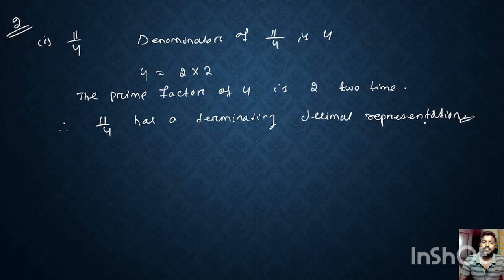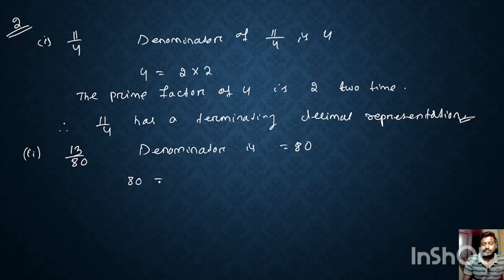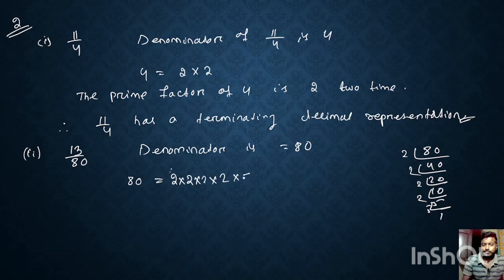Okay. Now 2i, that is 13 divided by 80. So here the denominator is 80, yes or no? First we find the prime factors of 80. So 2 times 40, 2 times 20, 2 times 10, 2 times 5, 5 times 1. So write down 2 into 2 into 2 into 2 into 5.